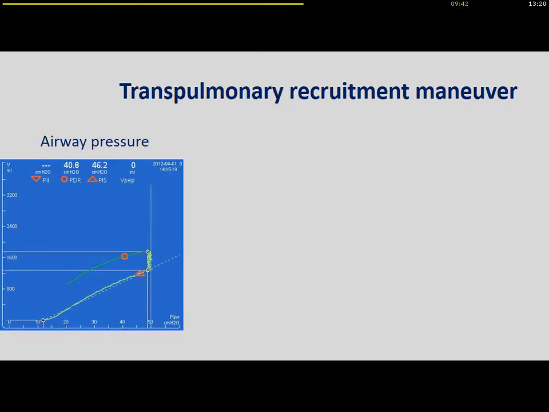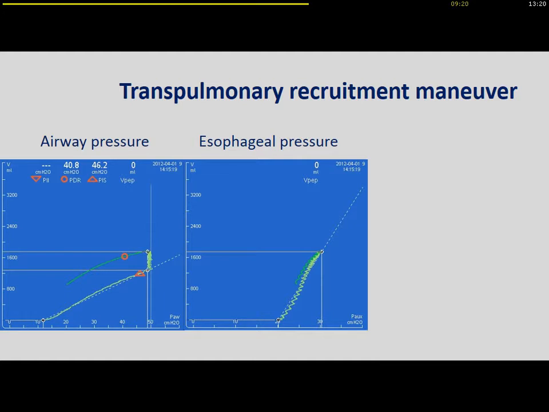Again, if you look at transpulmonary pressure during the recruitment maneuver, you can be even more precise. This is a patient in which we increased the airway pressure to 50 centimeters of water for 10 seconds, and we notice a quite large increase in the volume. Now, if we have an esophageal pressure, we can display the esophageal pressure versus volume during the recruitment maneuver, and you see that there is no recruitment on the chest wall.